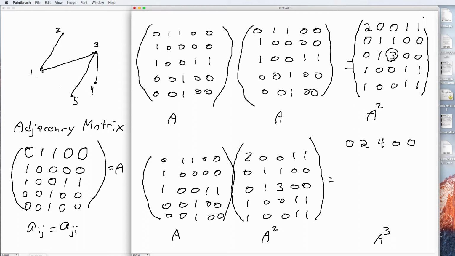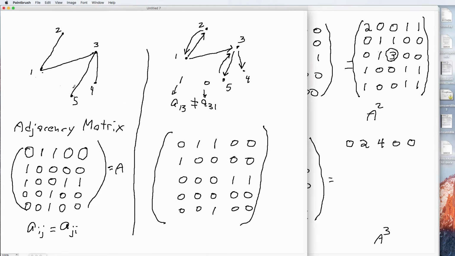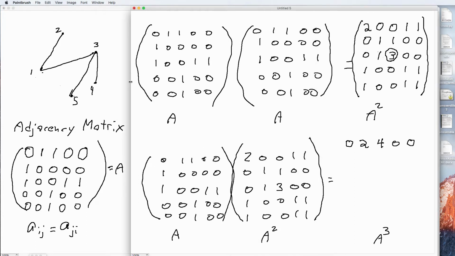If I start at 1, I can go 1, 2, 3. That's one way. If I start here, I can go 1, 2, 3. That's 2 ways. If I start here, I can go 1, 2, 3. That's 3 ways. Where's the 4th way? I can go 1, 2, hang on. I'm lost now.